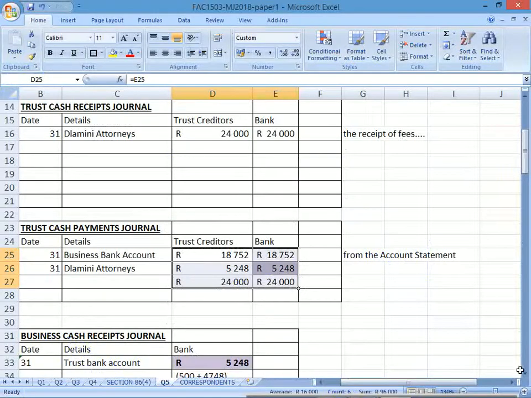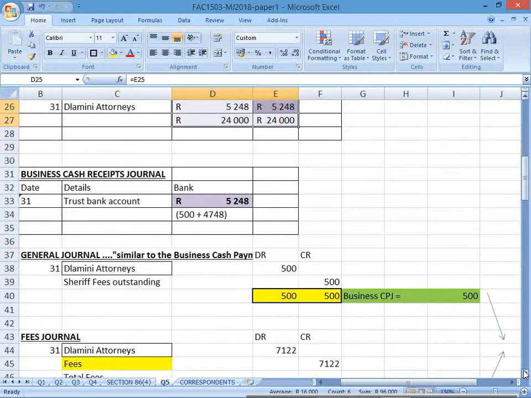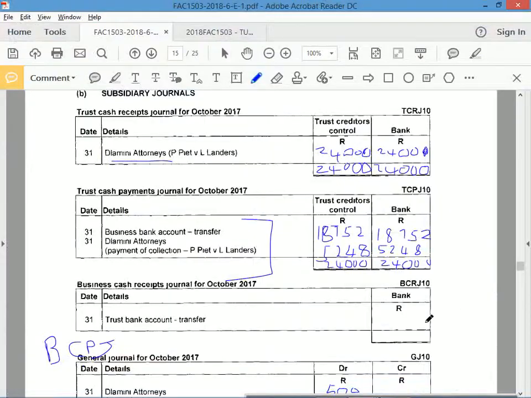Okay, then you had a business cash receipts, which was just 5248. Just one amount, 5248.